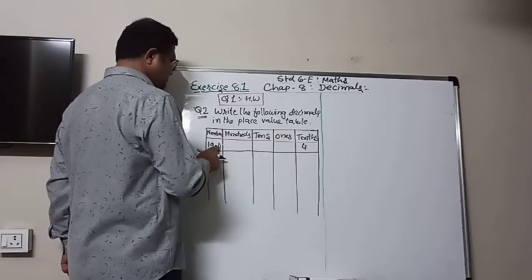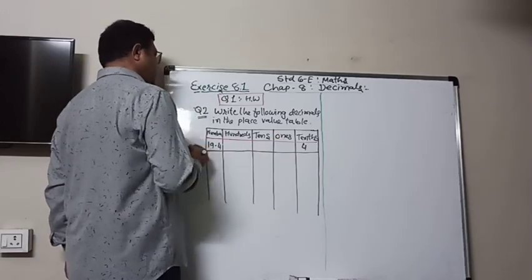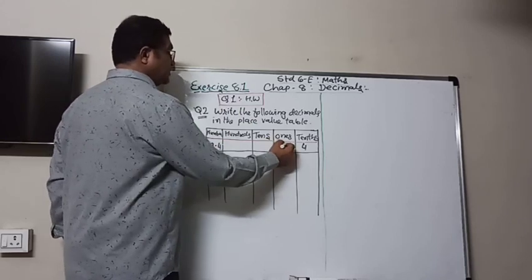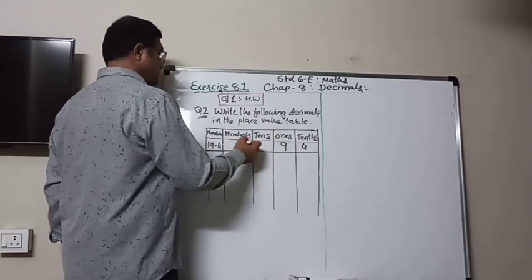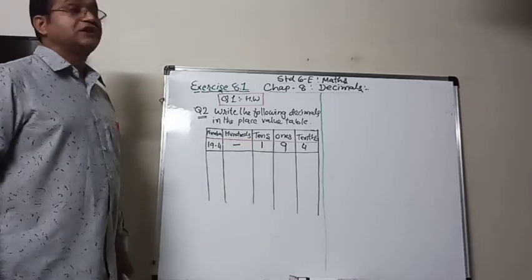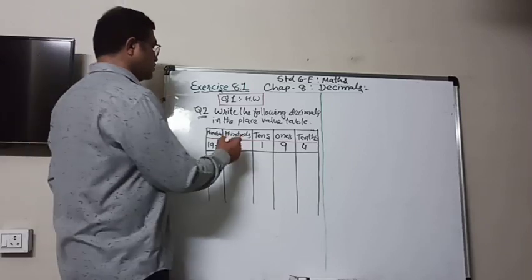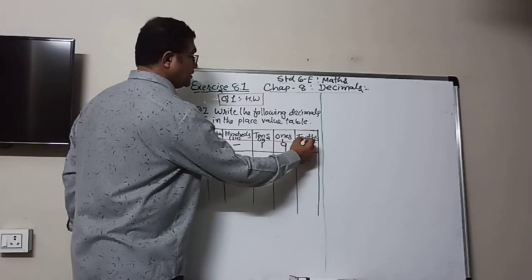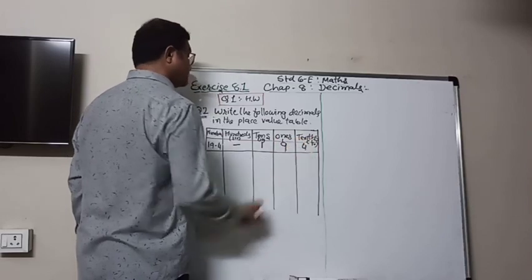Then the ones place means the first digit before the decimal point, that is 9. So 9 ones and 1 tens. There is no digit in the hundreds place. So hundreds 0, tens 1, and tenths 4.